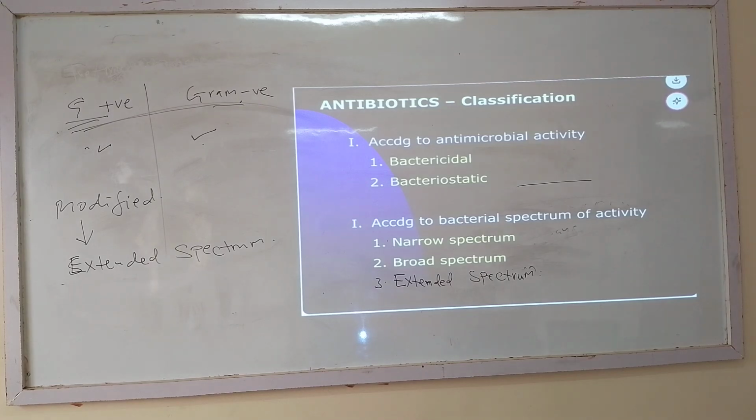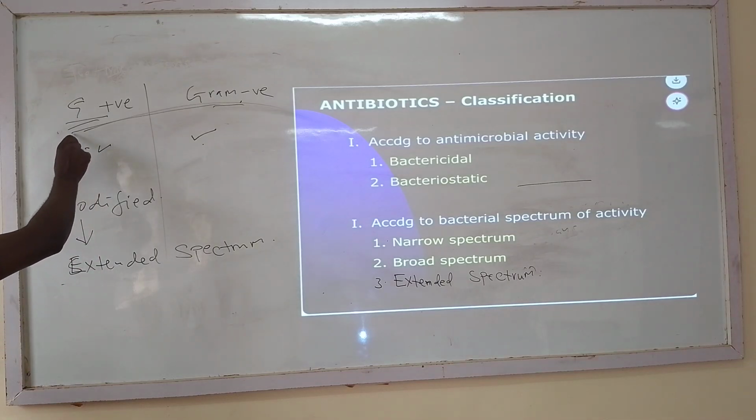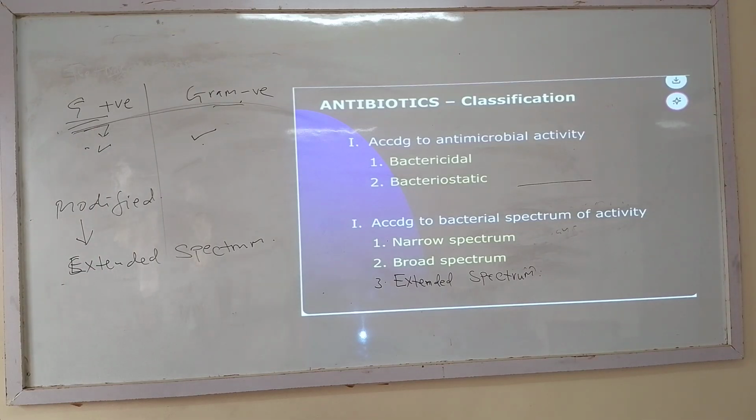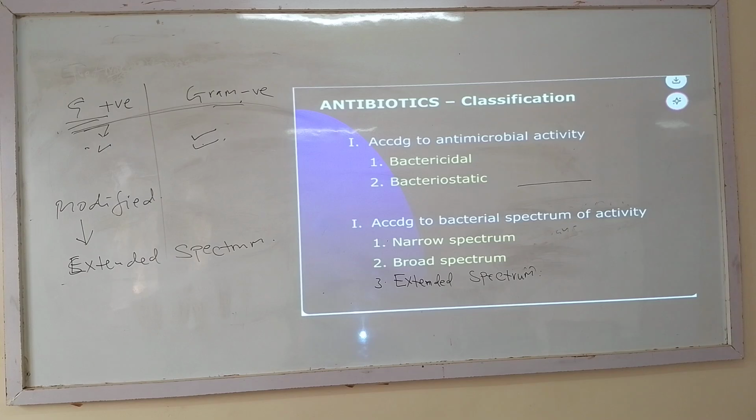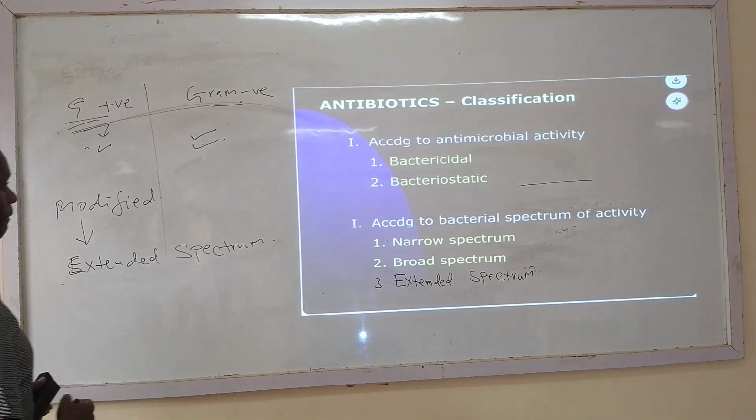So what we are saying is, for example, if you have an antibiotic that is active on gram-positives only, it can be modified such that it can also kill some gram-negatives. That is what we refer to as extended spectrum.